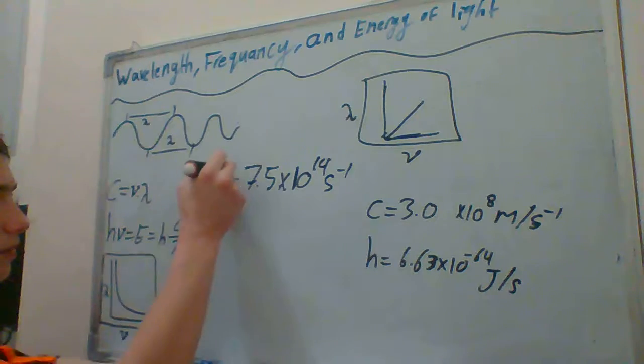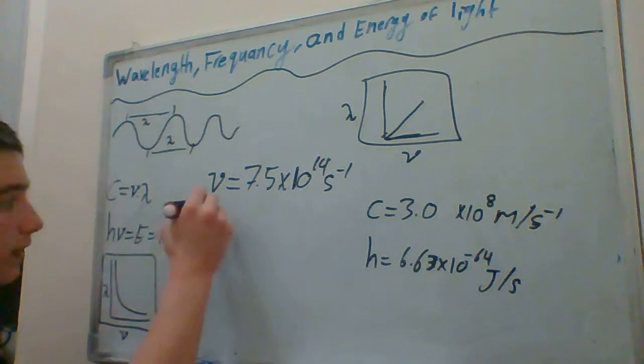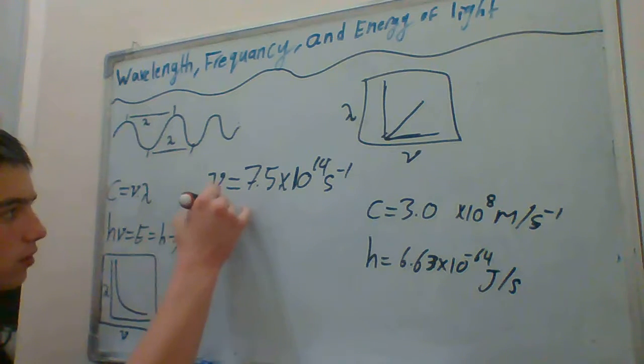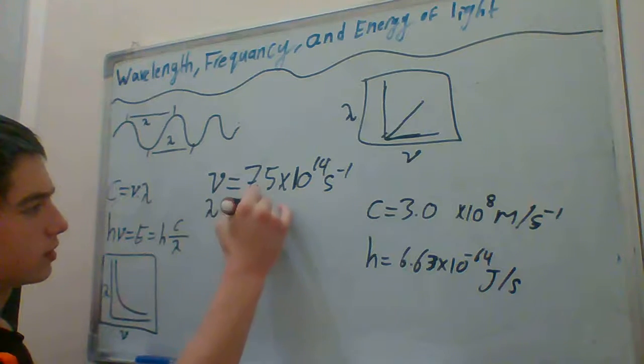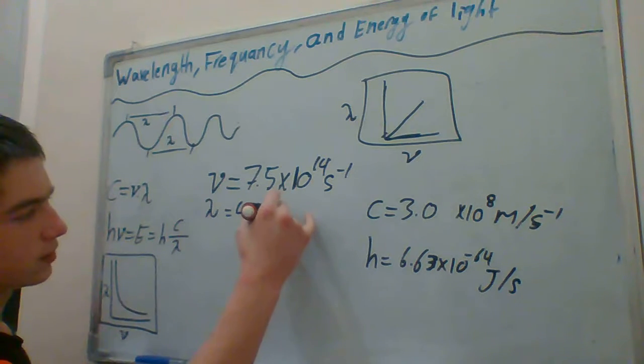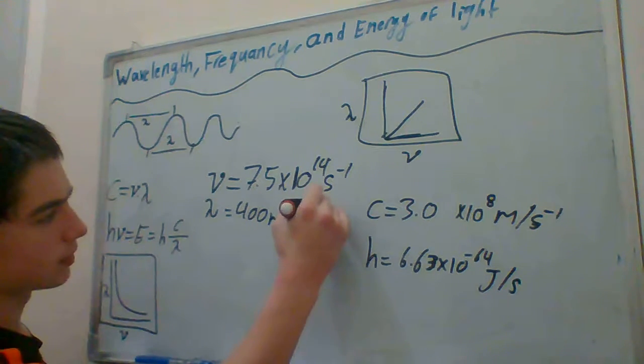So that's the answer for frequency. What about wavelength? Well, wavelength we already knew. So wavelength equals, we said 400 nanometers, let's say meters, multiplied by 10 power negative 9.